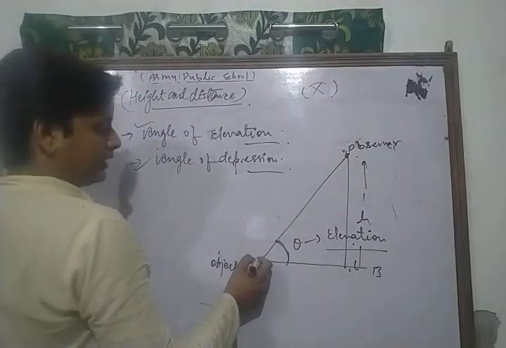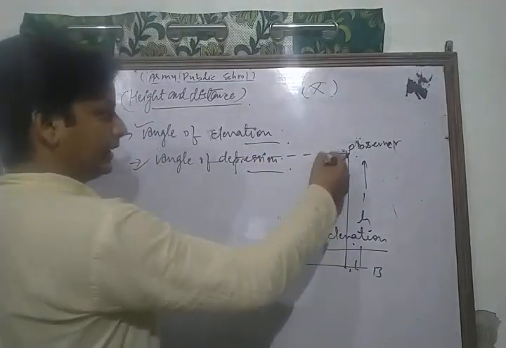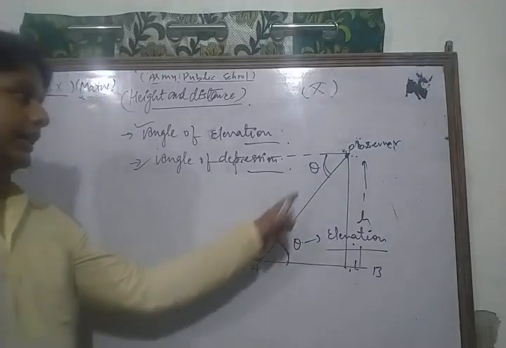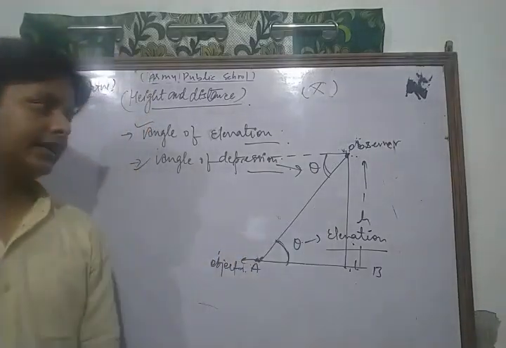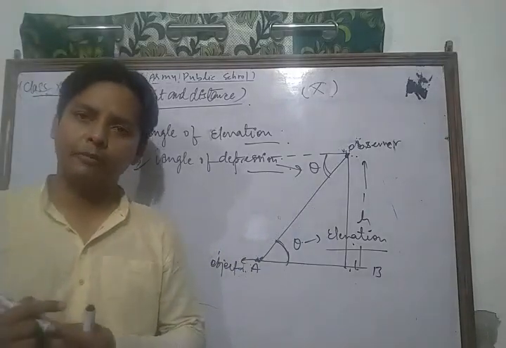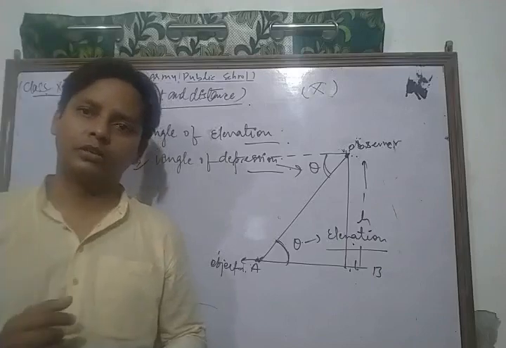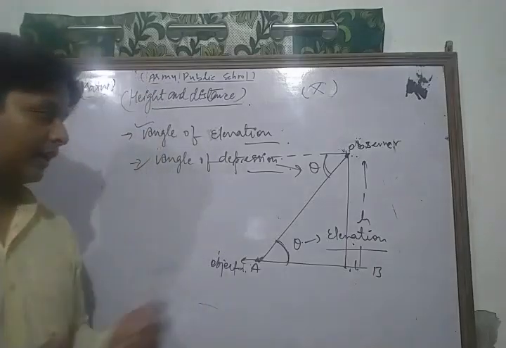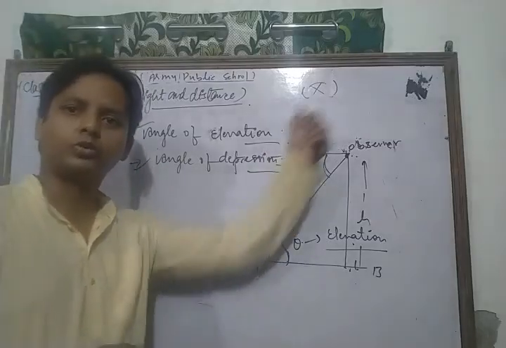If we draw a line in this way, then the angle made by the observer to that object is known as the angle of depression. So we can say that the angle of depression is made when we see any object from some height from the surface to the bottom, and the angle of elevation is made when we see any object from the surface of the earth to the top.